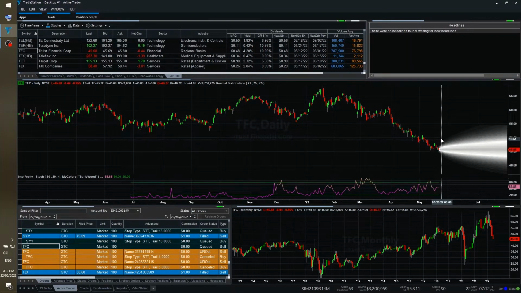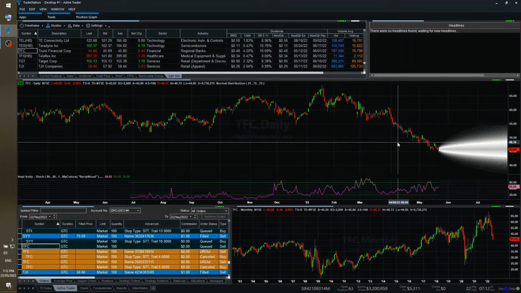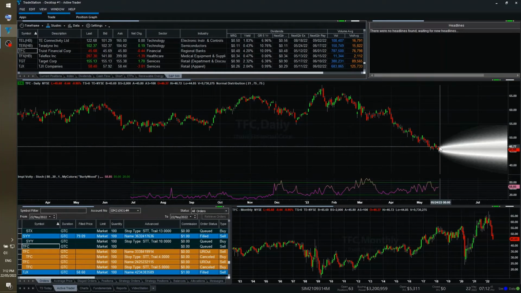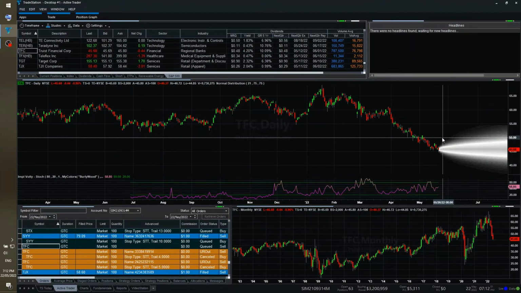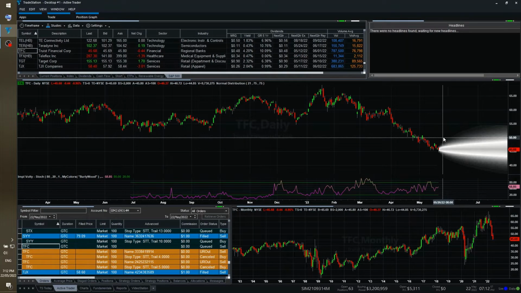So we will need some way to lock our maximum loss here, so that for example, if your budget is $300 or $500 maximum, then you need a way for the platform to automatically exit, to automatically close the order when the price of the stock goes above a price that we preset for it.